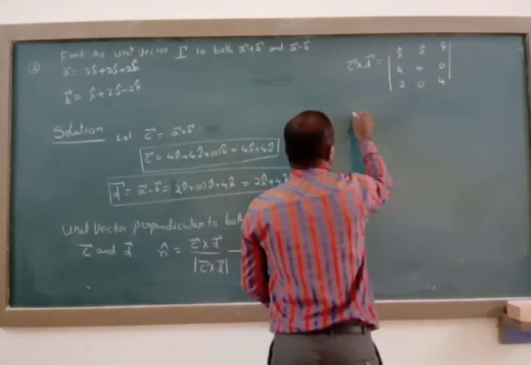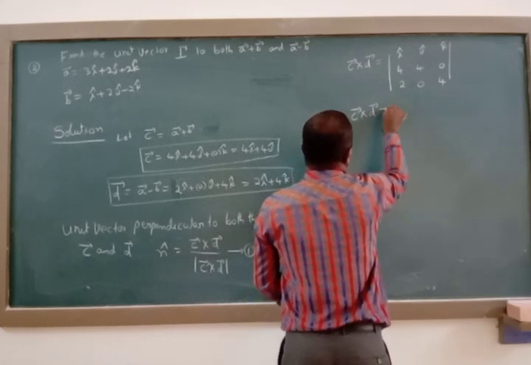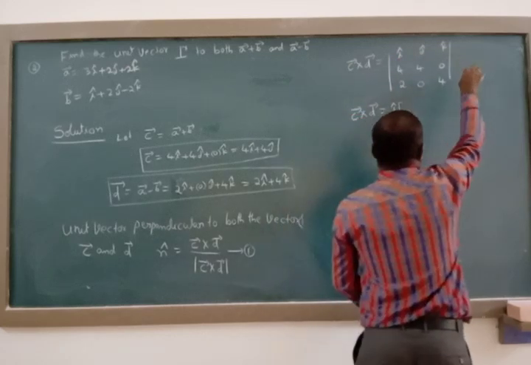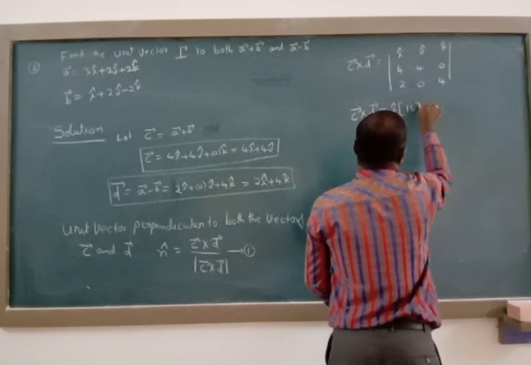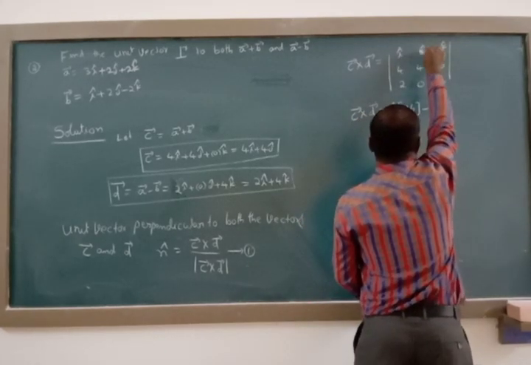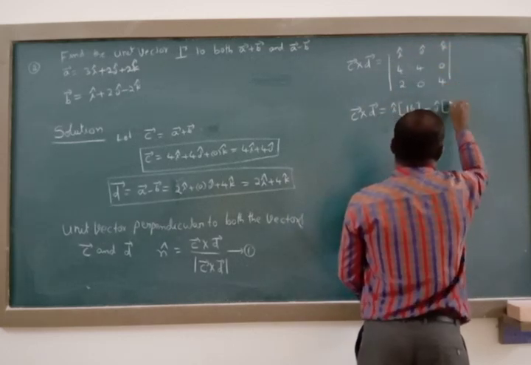Now you expand with respect to the first row. I cap into, deleting the row and column, 4 fours are 16 minus 0, 16. Minus j cap, deleting the corresponding row and column, 4 fours are 16 minus 0, 16.